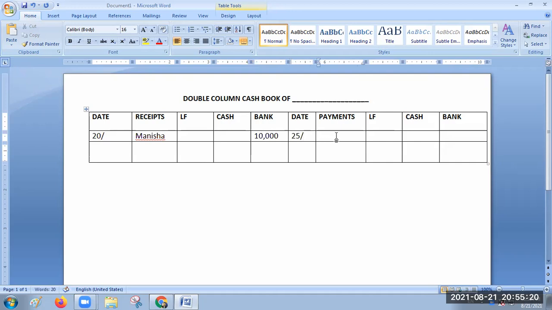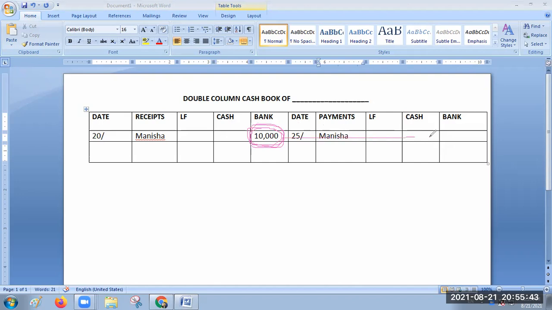Okay, what you have to do is mention the same person's name on the credit side. And in the bank column you mentioned, when you received the check, you thought that money came to you. You showed a 10,000 plus balance.